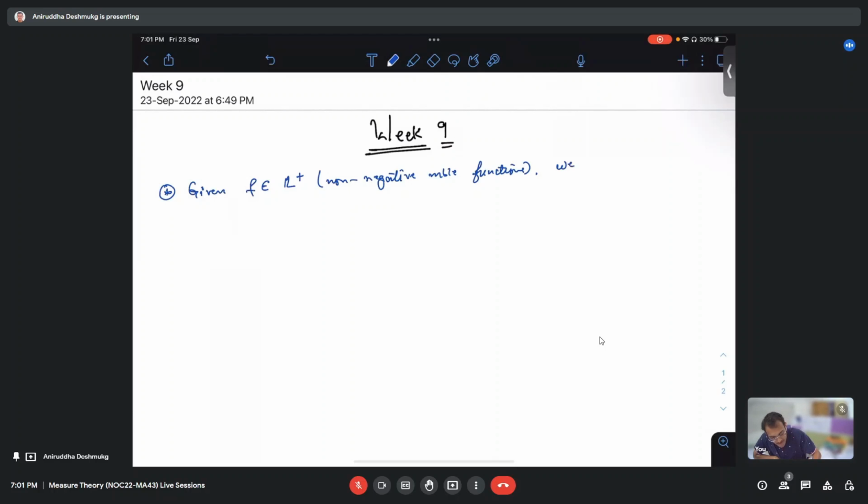So we define Sn as the sum over k from 1 to n times 2 to the power n of (k minus 1)/2^n times chi of f inverse of [(k minus 1)/2^n, k/2^n), open towards the right, plus n times chi of f inverse of [n, plus infinity).